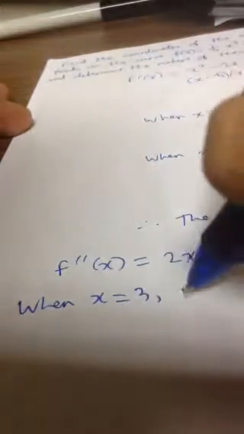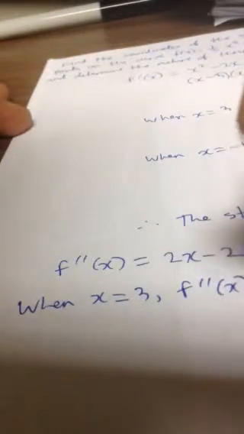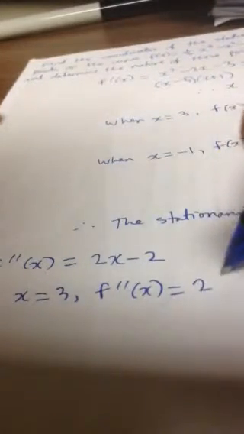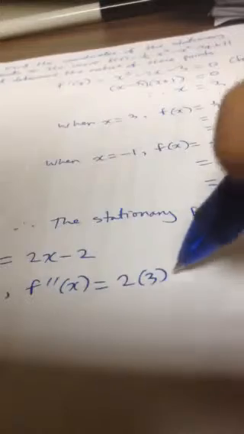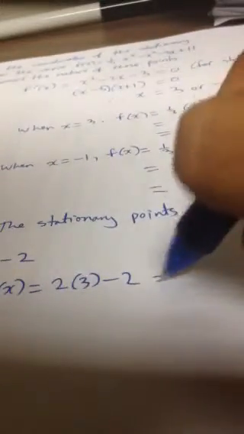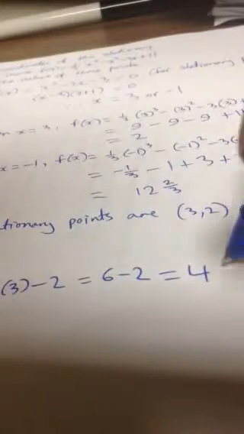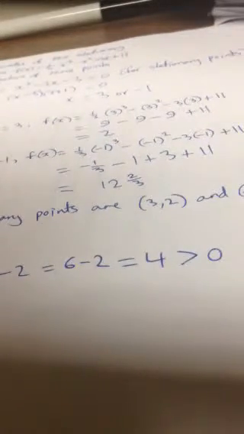When x is equal to 3, f double prime x is equal to, so we substitute 3 for x in our second derivative function. So that will be 2 times 3 minus 2, which is equal to 6 minus 2, which is equal to 4, and that is greater than 0. That is important.